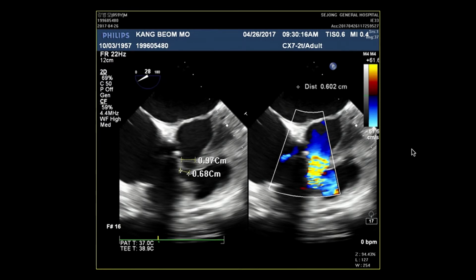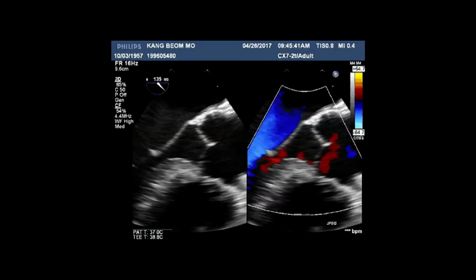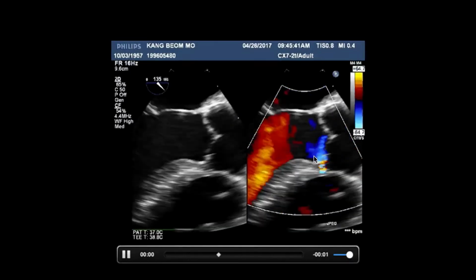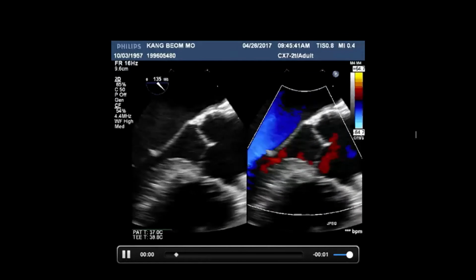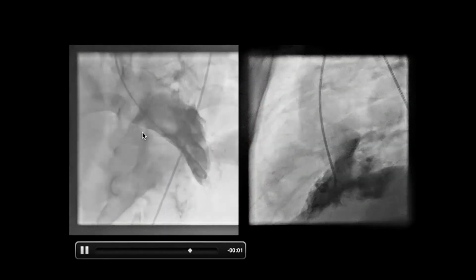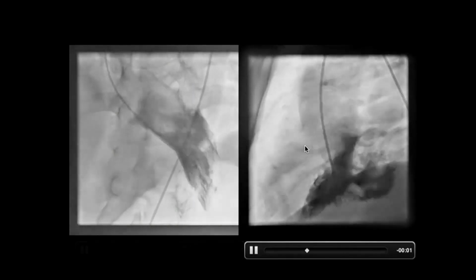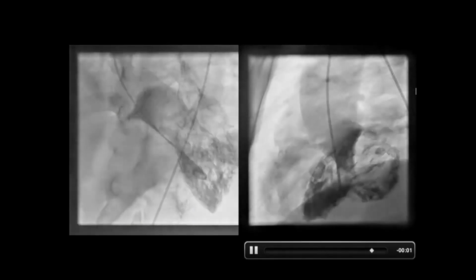I first used an 8mm Cocoon device, but it slipped to the right ventricle. Before that, I checked the aortic regurgitation, and trivial aortic regurgitation was observed. The LV angiogram shows the LAO view, and also on the lateral view, we can see the moderate VSD shunt.